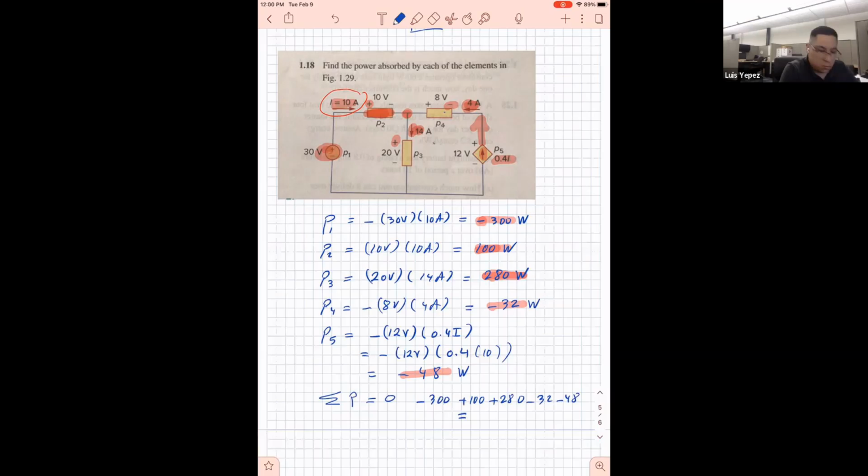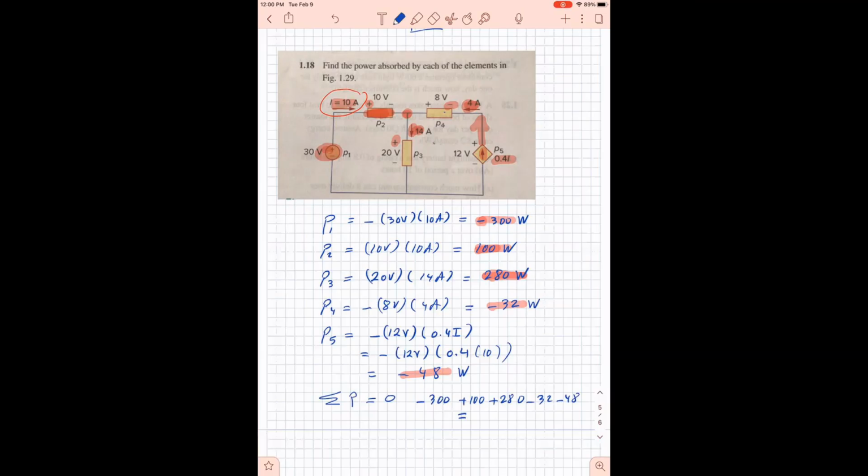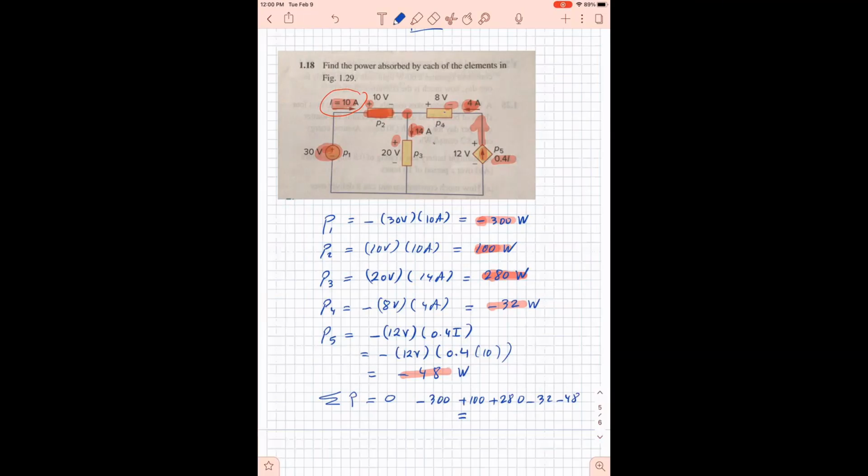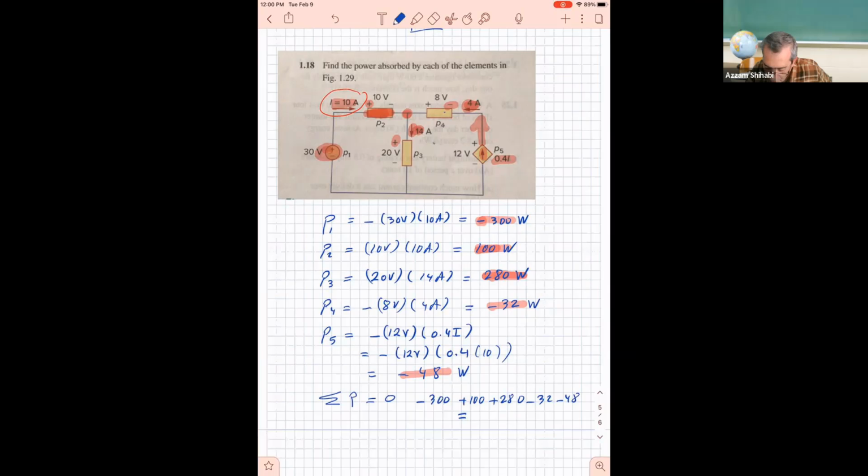Professor, one more question regarding P4. Why does it go from negative to positive when the other side is positive to negative? Okay, no problem. Look at the direction of the current. Just focus here.